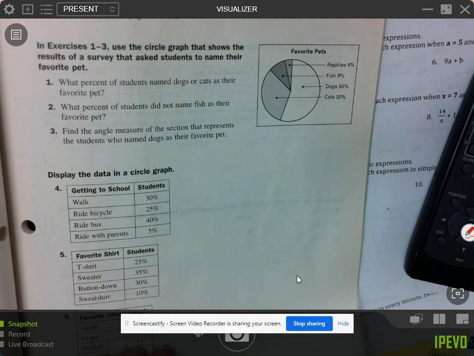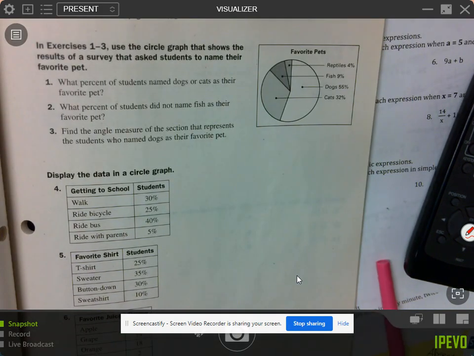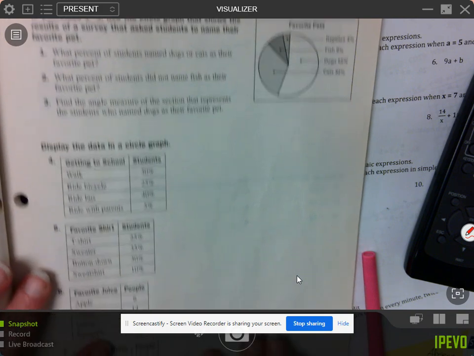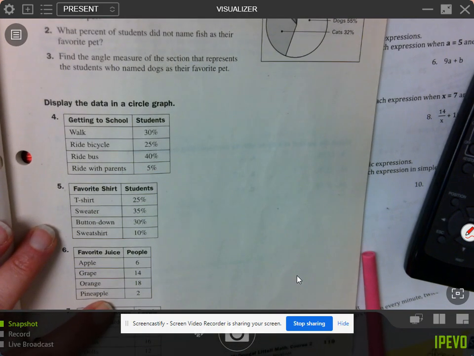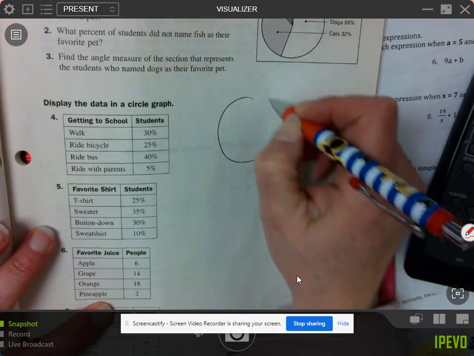Then we are going to be doing the front and back of this page. So page 119, 120. So it says display the data in a circle graph. So you need to draw your circle.